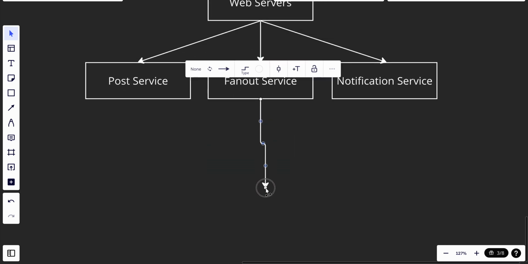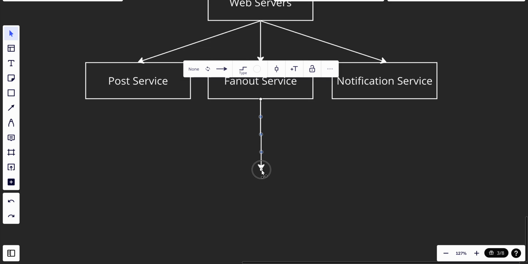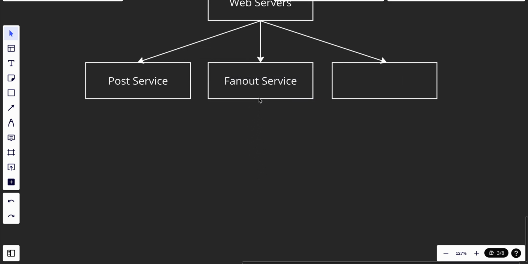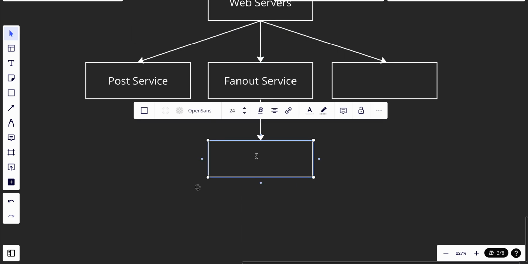The fan out service connecting with something called newsfeed cache.